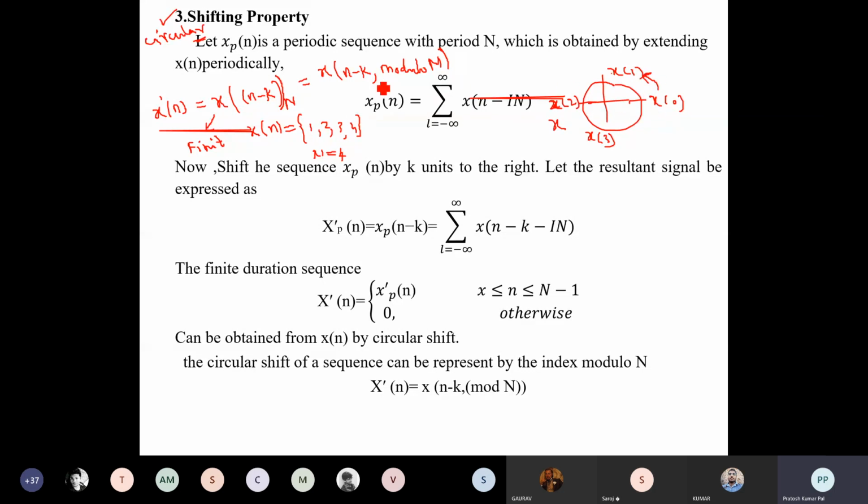So this is represented by the circular shift property, and this n value shows how many points are there in that x of n.